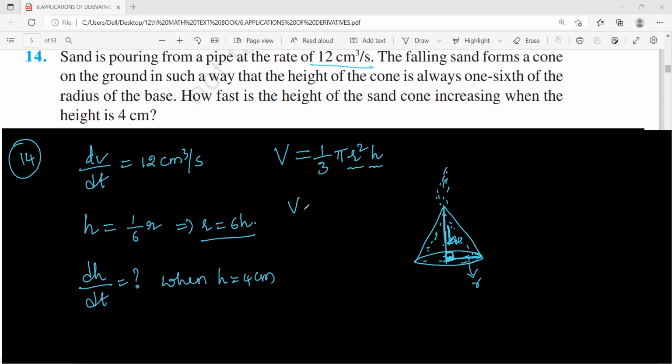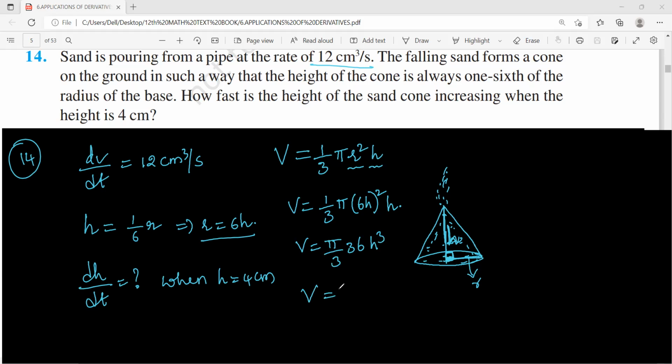So remove R by replacing it with 6H whole square. So this is 1/3 pi into 6 square, that is 36 H cube.